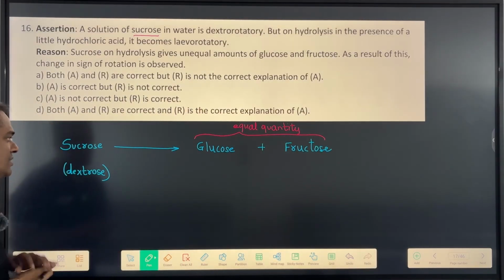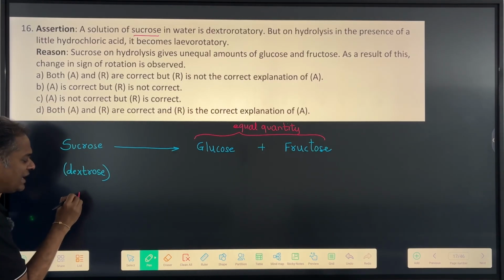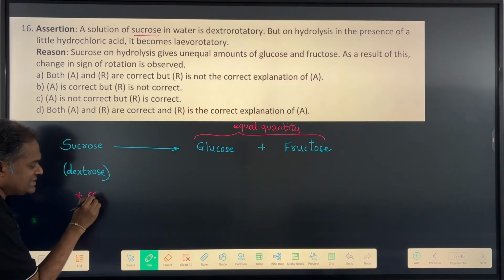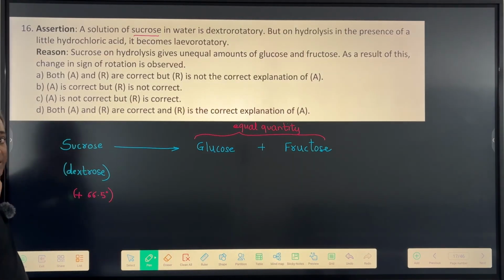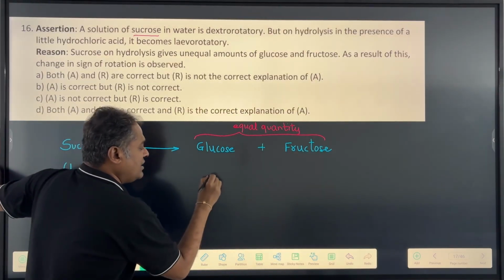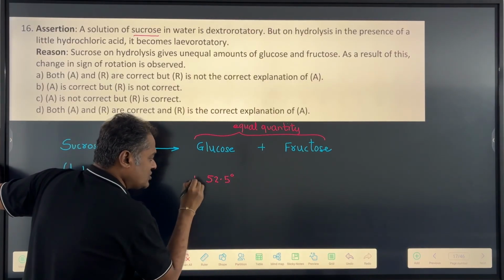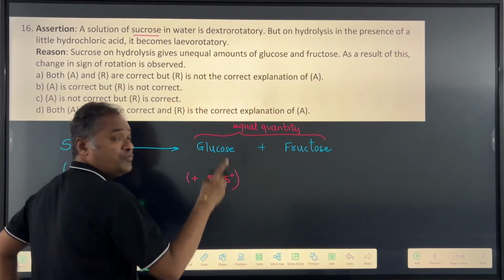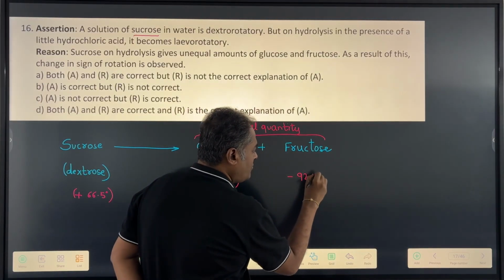Now, if you see your textbook, they have given some data. In the case of sucrose, the optical rotation value is 66.5 degrees. Whereas glucose has a rotation value of 52.5 degrees, which is dextro, and for fructose the value is minus 92.4.